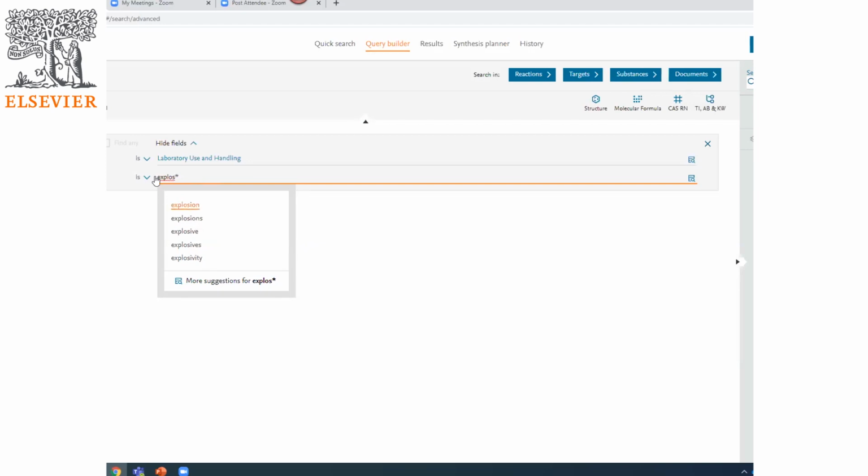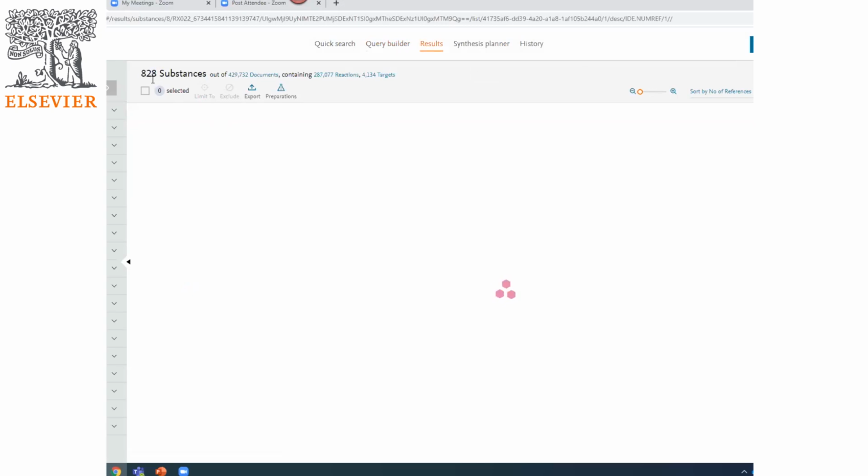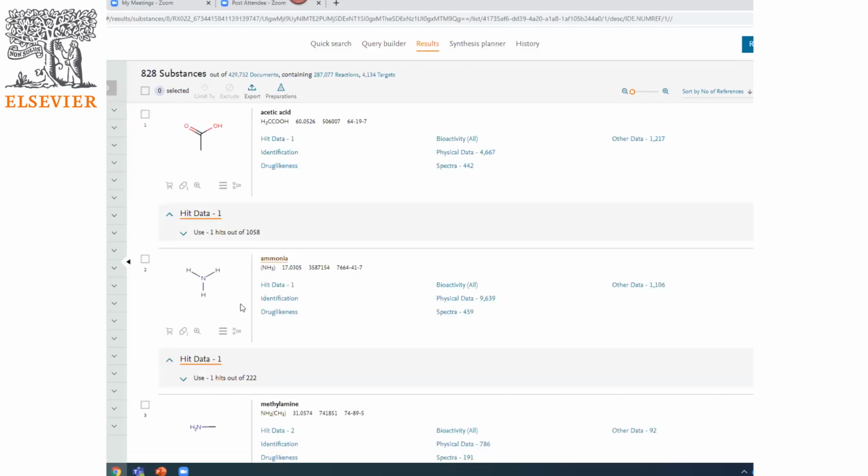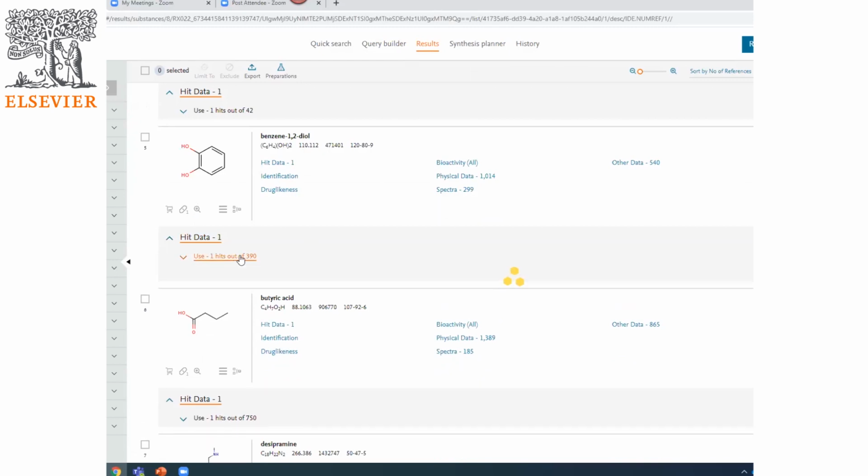With this, we can cover all the variations: explosion, explosive, explosivity, etc. Just type it here, click substances, and you will find all substances reported to have some explosive activity.